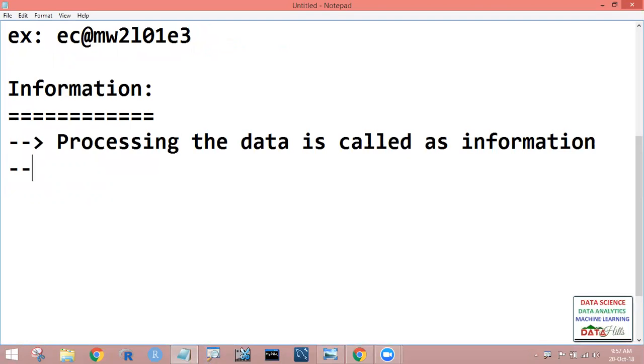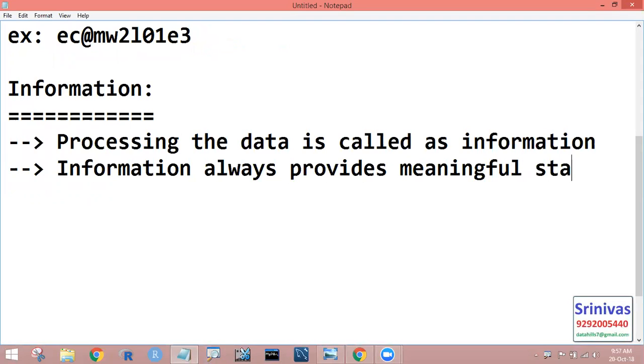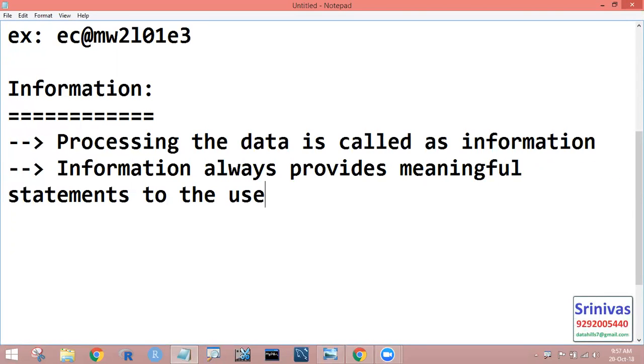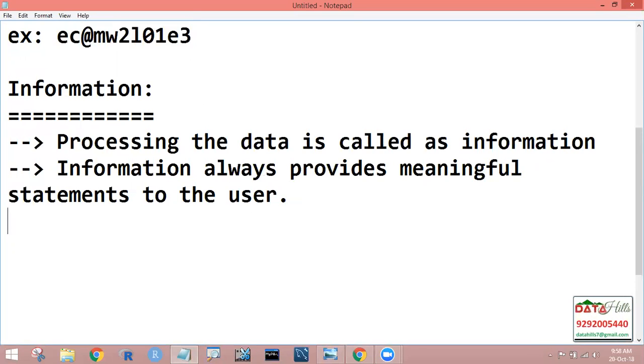Information always provides meaningful statements to the user. The same data that we observed, I am going to process it. Now that I have processed it, try to read it.